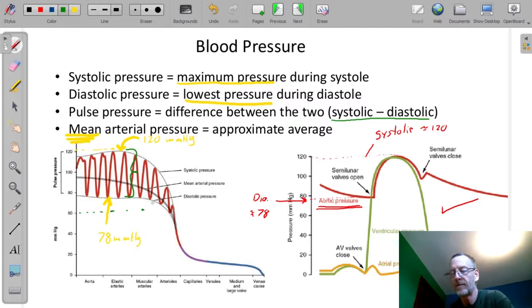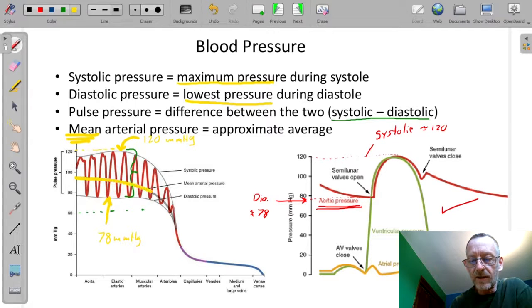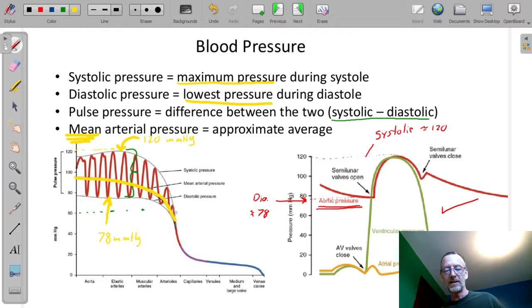So just do a sort of a logic check. If you have to calculate a mean arterial pressure, it needs to be somewhere between the two. And here is the average. This is what they're showing as the mean arterial pressure. So the next slide, I think we look at a formula to estimate that.